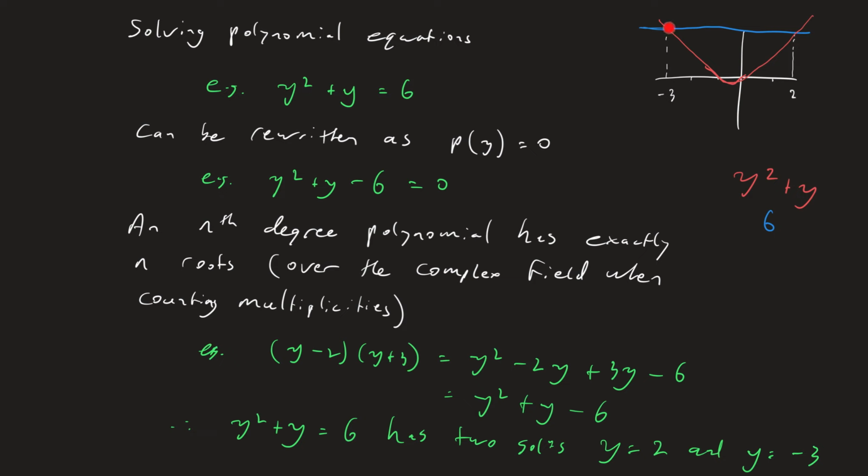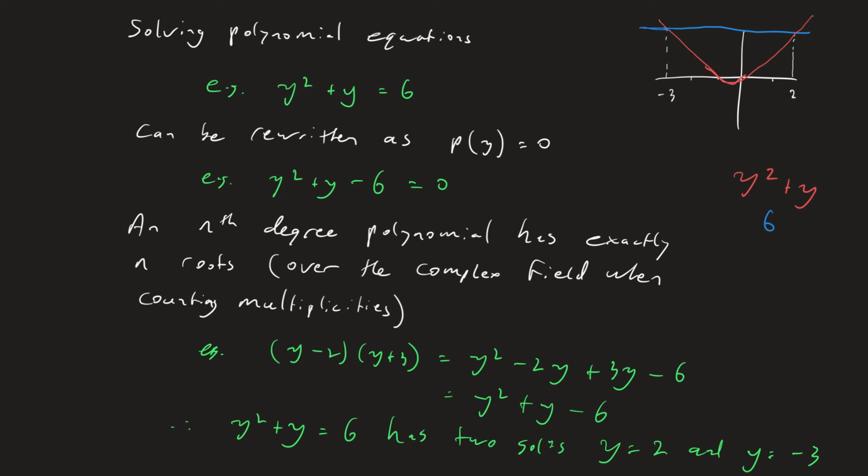And we see visually there are two solutions, one at -3, one at 2. We can verify that these are indeed the solutions to the equation by substituting them in. We already substituted 2 in to get 2 squared plus 2 equals to 6. If we substitute in -3, we get -3 squared is 9, minus 3 is 6. So these are indeed two solutions.